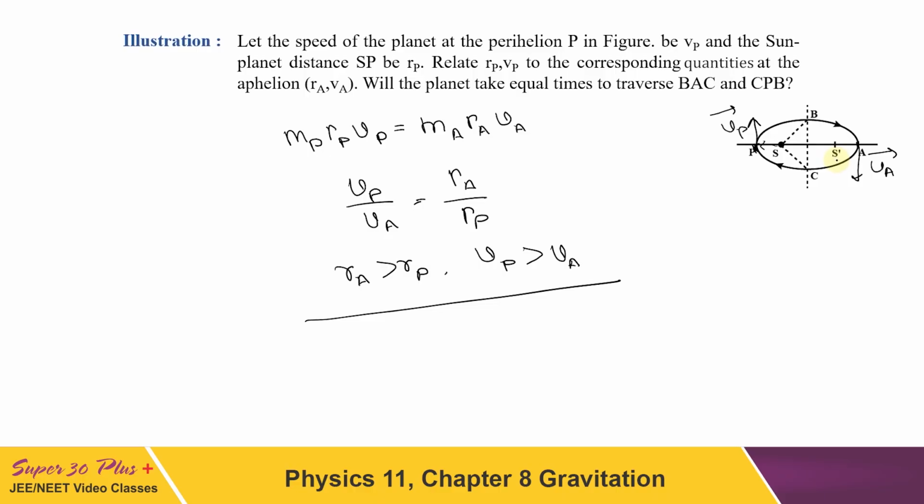Hence, the planet will take longer to traverse BAC than CPB, because for the portion BAC the speed is lesser than for the section CPB. So the time for BAC will be more than the time for CPB. This completes our second part also.